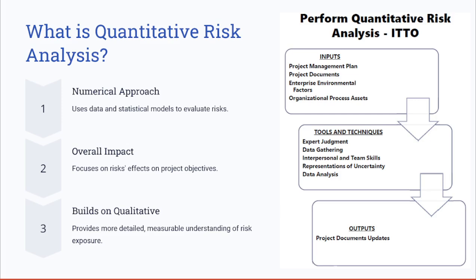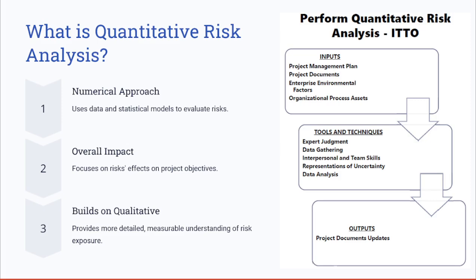This type of analysis is especially useful for high priority risks or when precise data is required to inform project decisions. For example, when planning your contingency budget to handle the unknown risks. So, by quantifying the uncertainty, project teams can better predict the outcomes and allocate resources effectively.